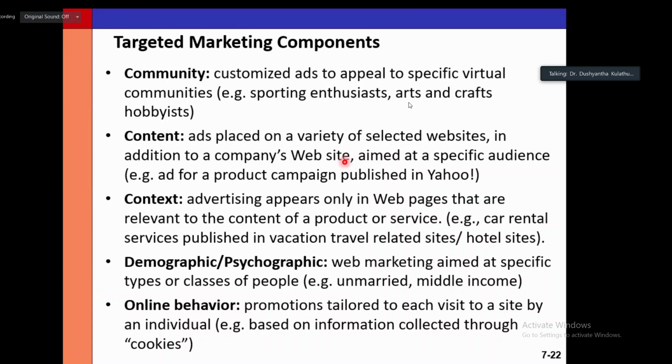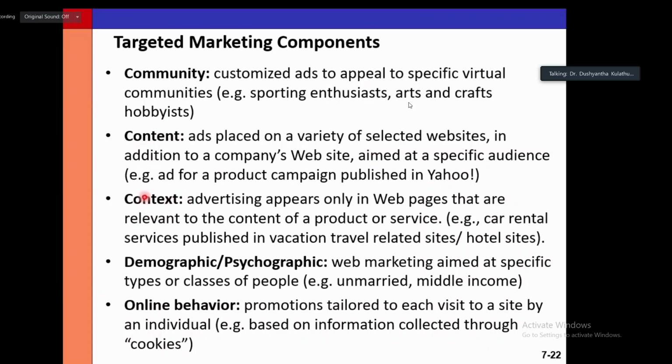That is why it is called a portal. We can publish advertisements on the home page of Yahoo because millions of users visit the Yahoo home site daily. So we can place our advertisement highlighting what we sell, and there will be a lot of visibility for our advertisement, helping us attract potential customers to our product. So that is another type of target marketing we can do.